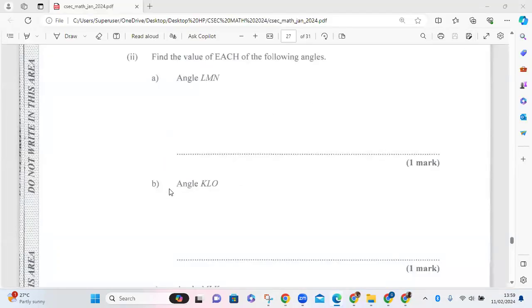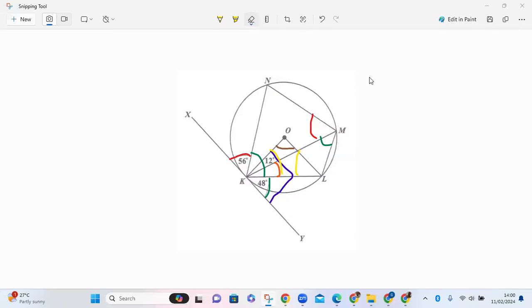Now here, we want to find KLO. So KLO, as we said, is 42 degrees. It's 30 plus 12 because remember, this is an isosceles triangle. Two angles are equal. And we get this 30 to add to the 12 because OKY is 90 degrees.